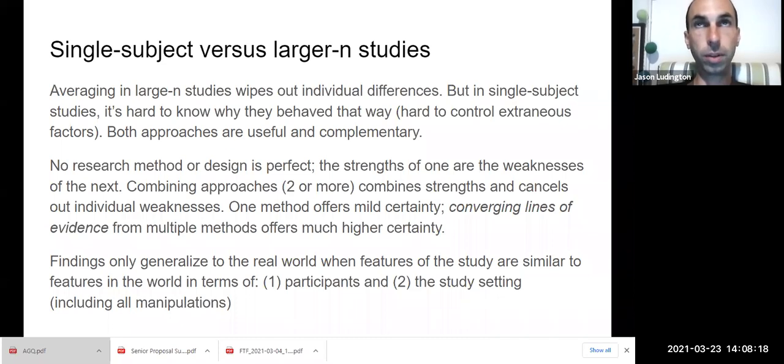What I mean is if you use both approaches, small n and large N, for the same research question, as you could call it study one, study two, you would be capturing the strengths of both methods and protecting against the weaknesses of either one.